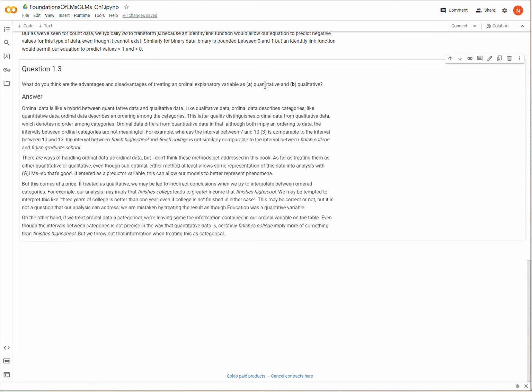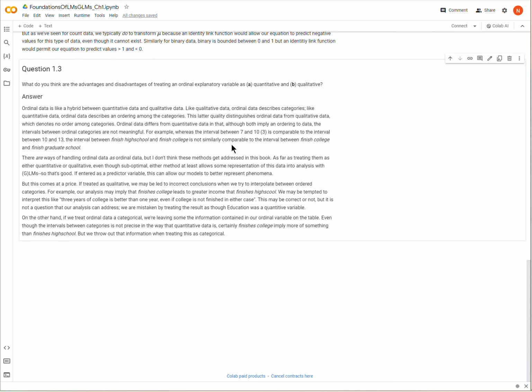However, it's not quite quantitative, because there's an interval. There's a difference between finish high school and finish college, and then there might be another interval between finish college and finish graduate school. So we have two intervals, but there's really no way that we can compare those intervals.